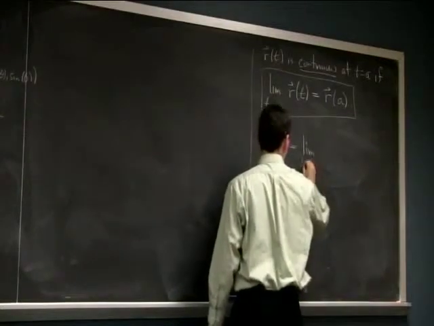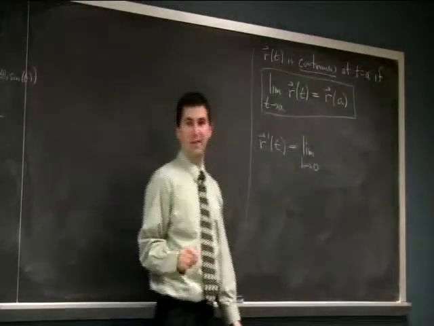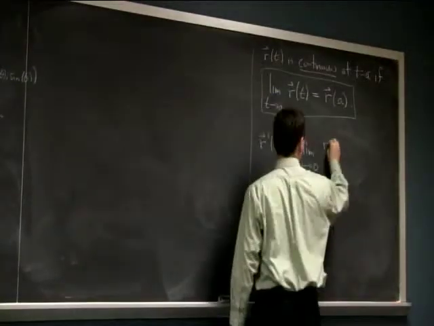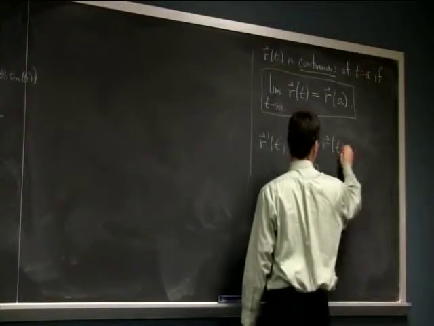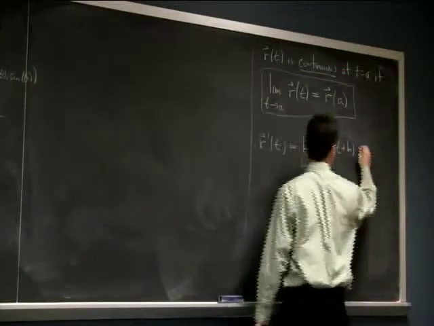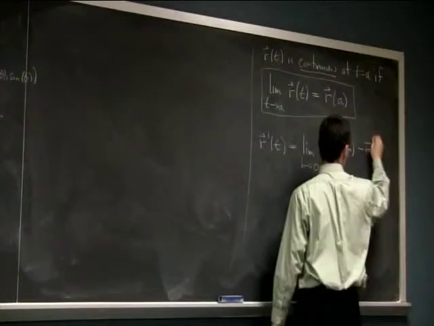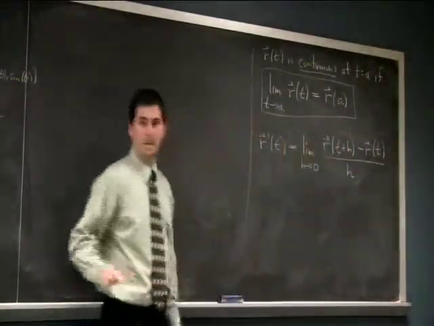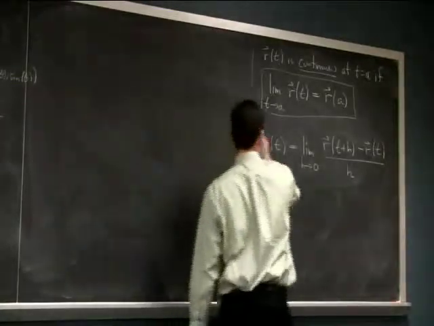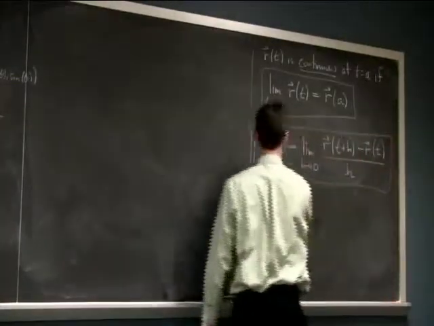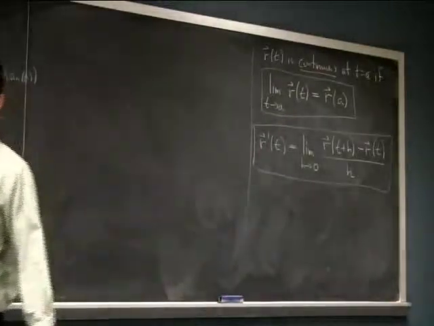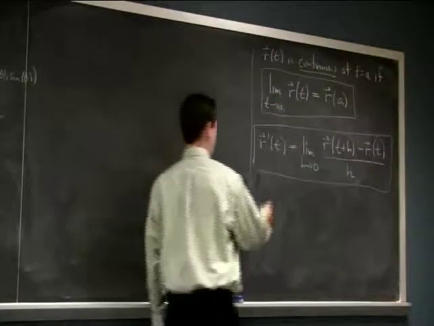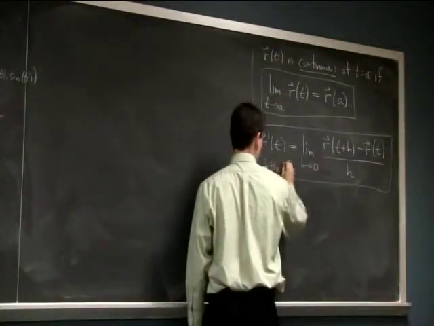The limit as h approaches 0 of r of t plus h minus r of t, divided by h. And that's going to be our definition. It's exactly the definition that you want. All the properties of derivatives hold. And of course, this is if the limit exists. It might not.